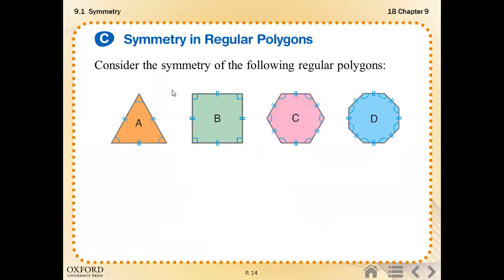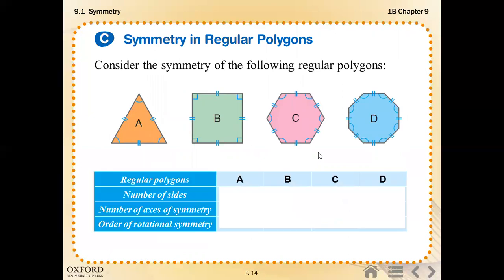Okay, study the following regular polygons. Can you tell the number of sides of each one? And can you tell the number of axes of symmetry of each figure, and also the order of rotational symmetry? Let's think.